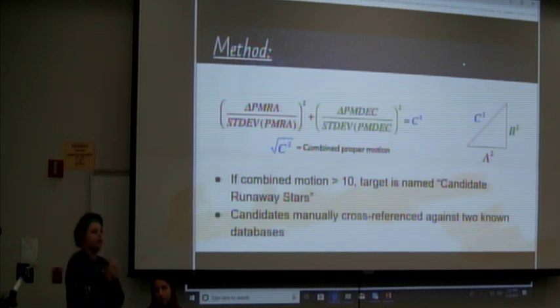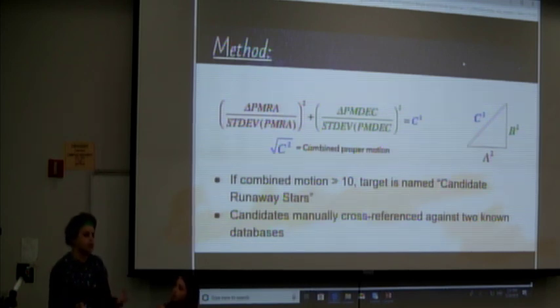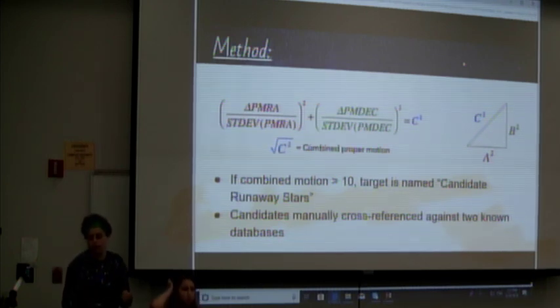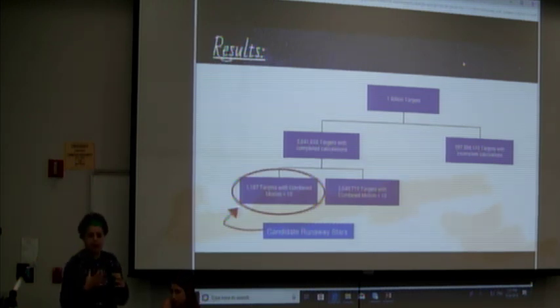Oh, and then I cross-referenced all of these candidates to two known databases, because I wanted to see if there was any known information on the candidates that would either show that the method was being successful or if I found some that were already known. And I should mention that I had coded for the first time doing this project.